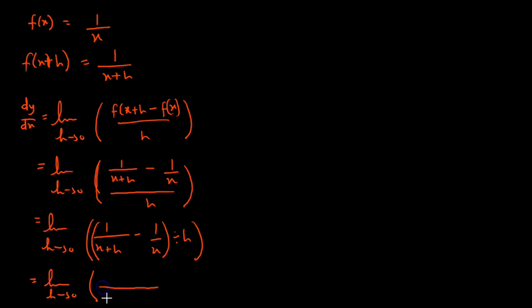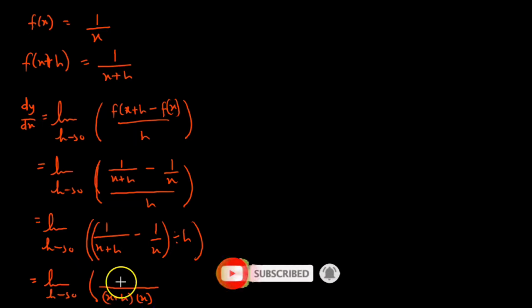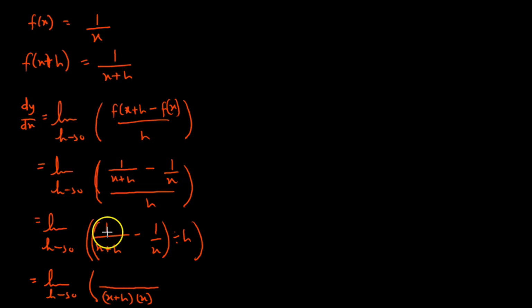We'll find the LCM. The LCM is going to give us x plus h multiplying x. Therefore, x plus h goes into the LCM x times, multiplying the numerator, we'll end up getting x. Then minus x goes into the LCM, we'll get x plus h, multiplying 1, so we have into brackets x plus h. Then remember, the division sign we have here can be changed into multiplication, so it becomes times, then we find the reciprocal of the h, so that will be 1 on h.